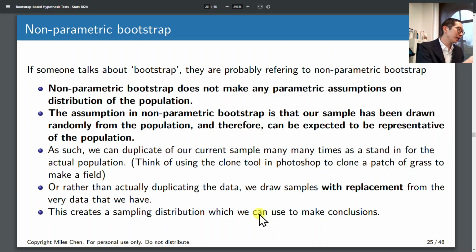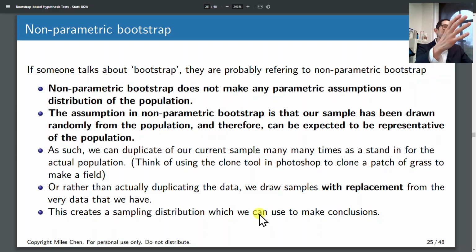Now the next part feels a little bit more heroic, but this is really the natural conclusion of where things go. If you assume your sample is representative of the population, then I don't have the actual population, but my sample is representative, so I'm going to use it as a stand-in for the population itself.